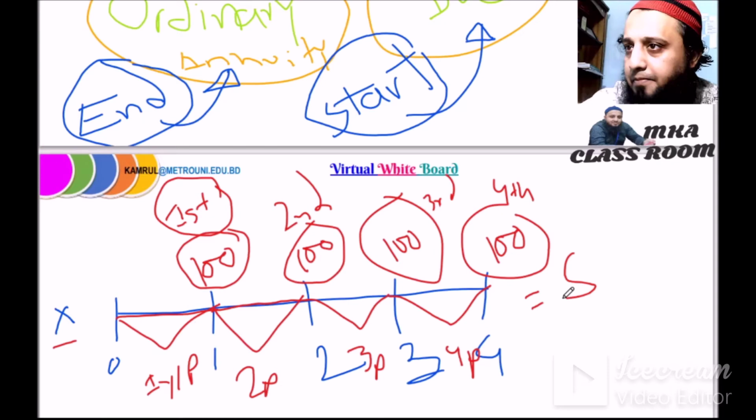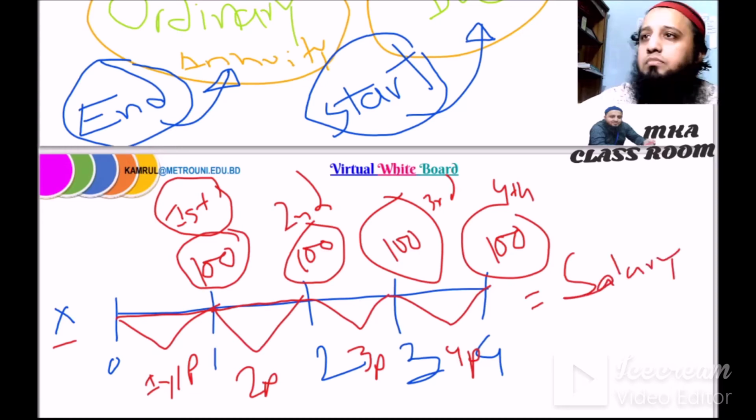Those who are working in private or public sector jobs get salary from the government or private institutions. That is an example of ordinary annuity, because at the end of the month you get salary.